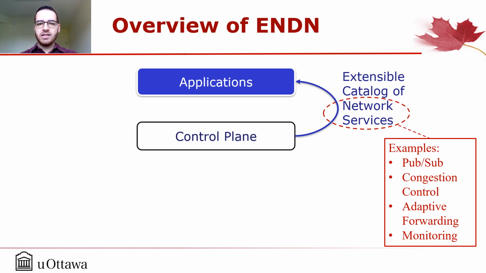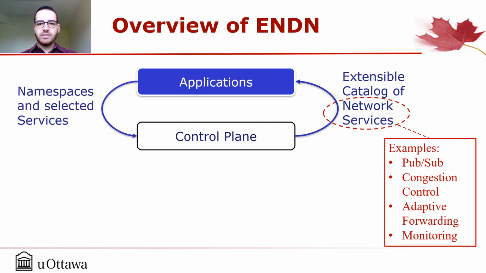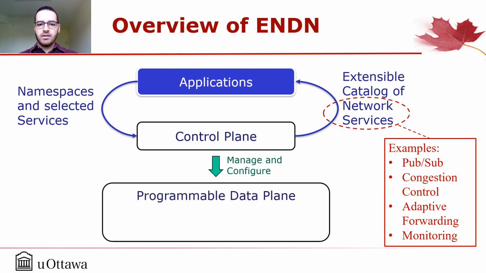The applications then specify their network flows to the control plane. A flow is specified by an NDN namespace along with the selected list of services that need to be applied to it. The control plane uses the different application requirements to generate the configuration of the data plane and then manage it.